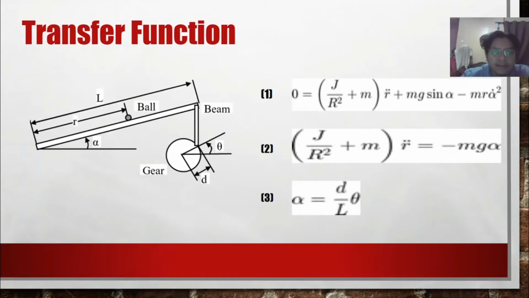From the assumptions above, the transfer function will be like this. The equation that connects the beam angle to the gear angle can be approximated as linear using this formula.